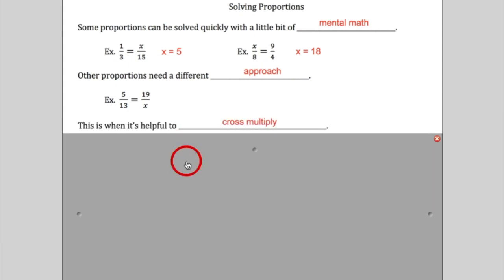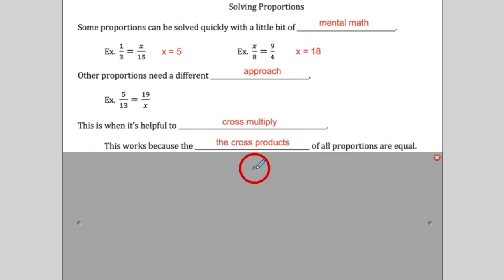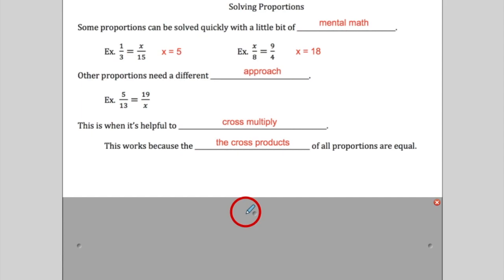So it is going to be helpful to cross multiply in a problem like this to get started. And I'm going to show you how that works. It does work because the cross products of all proportions are equal. I'm going to go ahead and demonstrate that for you.